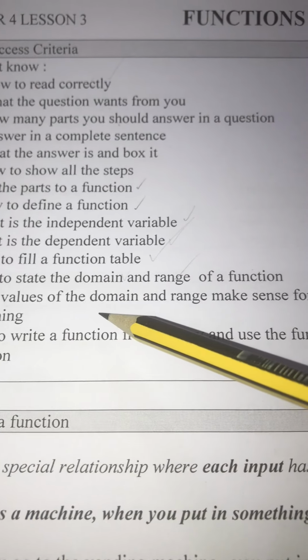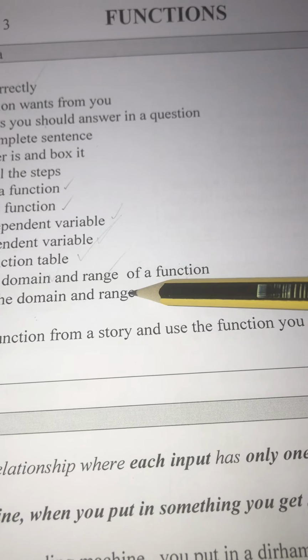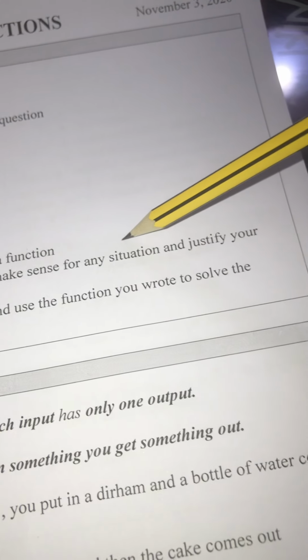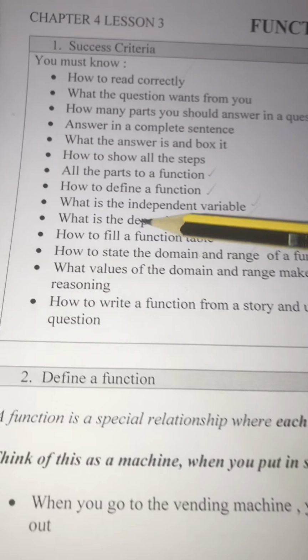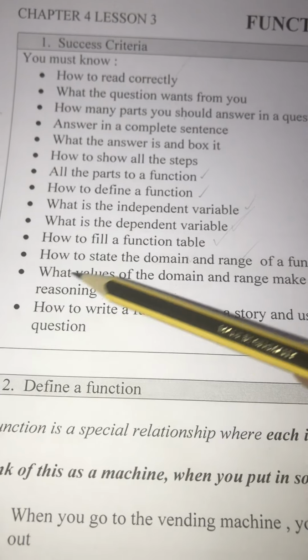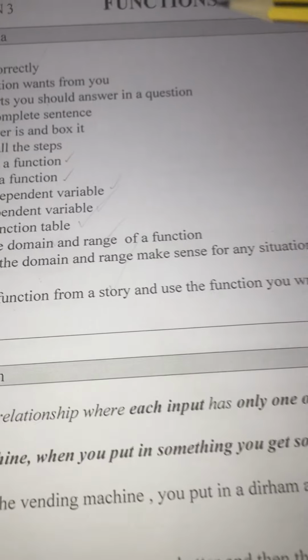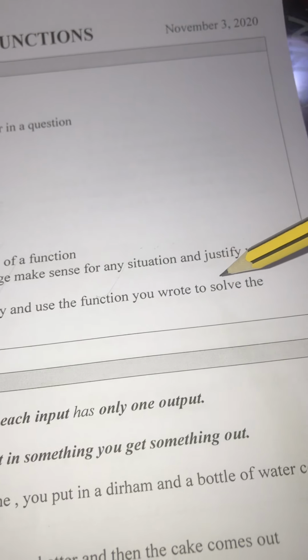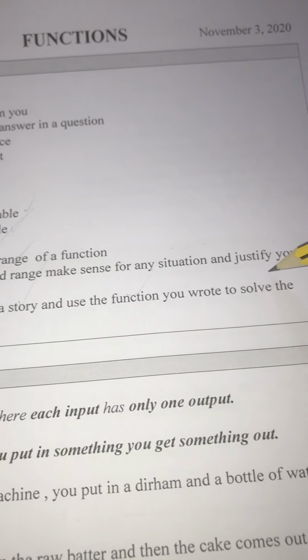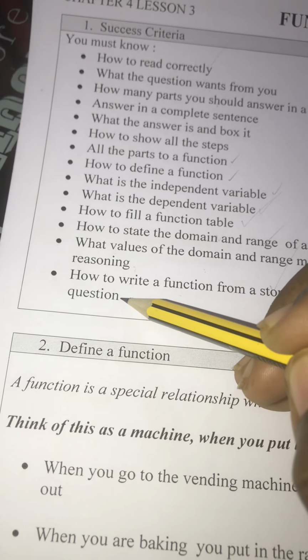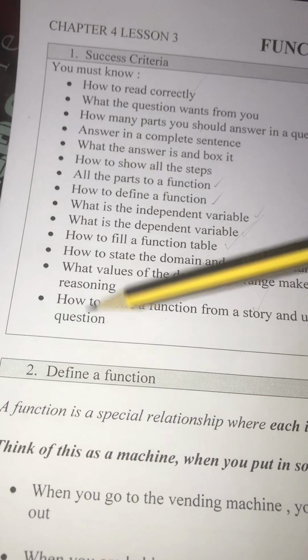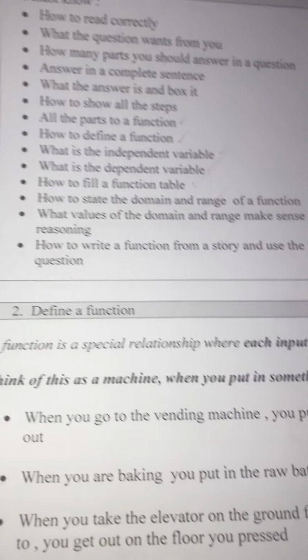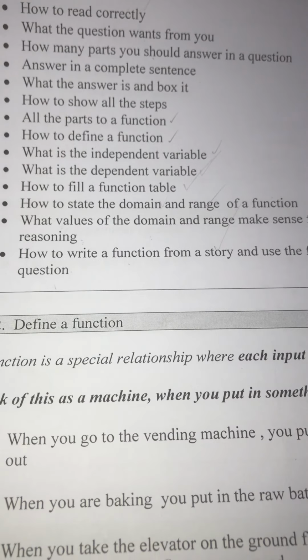You must know what values of the domain and what values of the range make sense for any situation and justify your reasoning. You must know how to write a function from a story. You must know how to use the function you wrote to solve the question. All this, if you know how to do, then you are successful in the lesson. That is how you gauge whether you've understood or you've not understood.